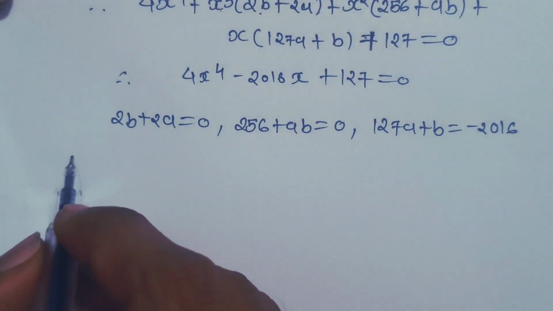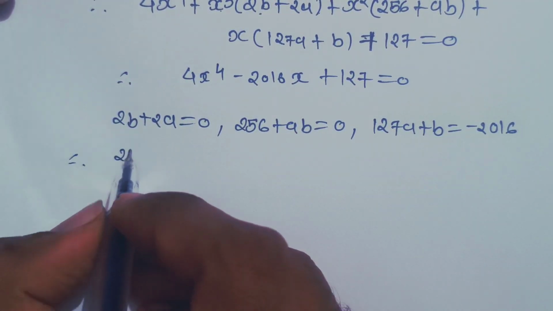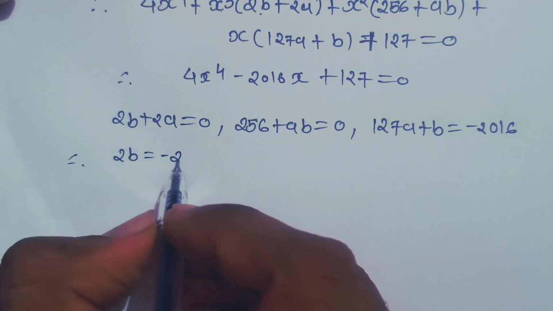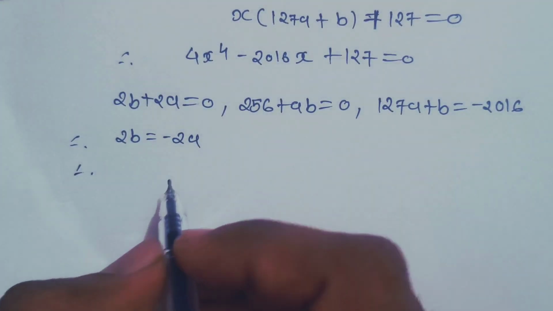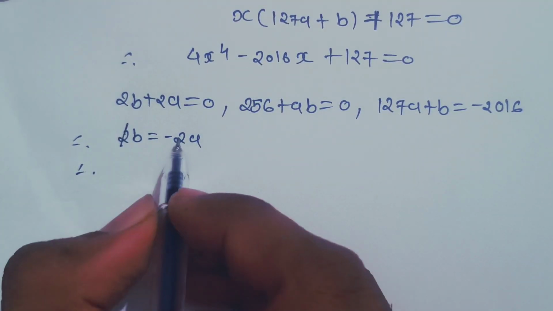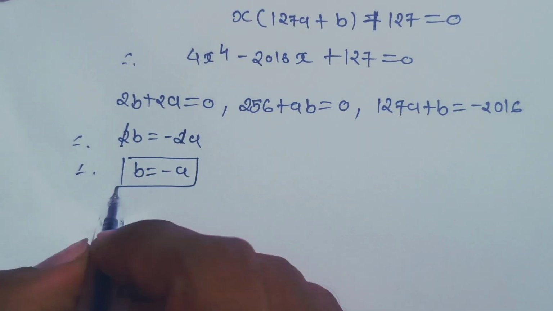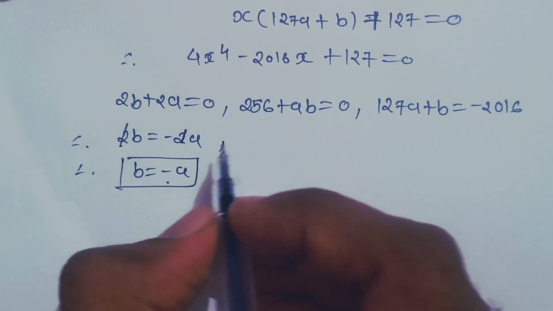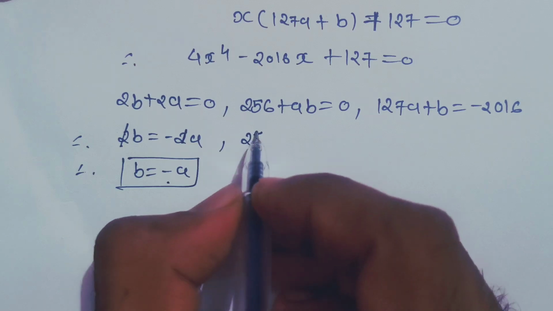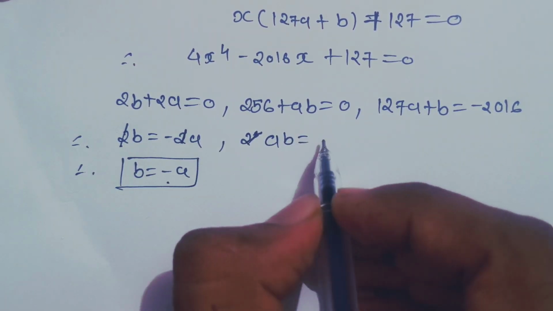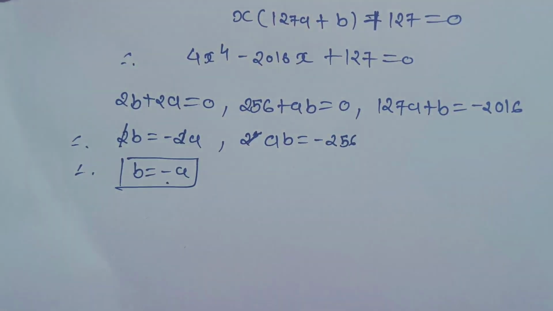Now first solve this equation: 2b equal to minus 2a, therefore both sides 2 cancel out, b equal to minus a. Now put b equal to minus a here: ab equal to minus 256.